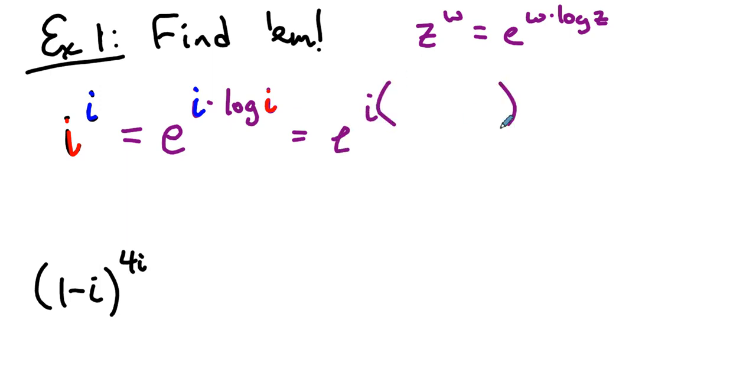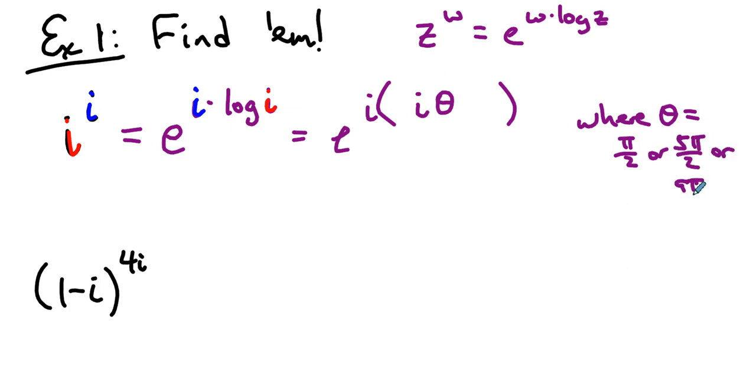Well, we figured out how to do the log of i in another screencast. The log of i is i theta, where theta could have been pi over 2 or 5 pi over 2 or 9 pi over 2, and so on.